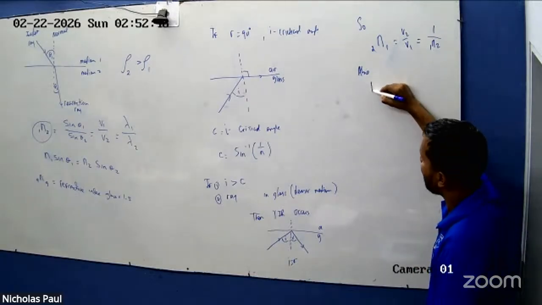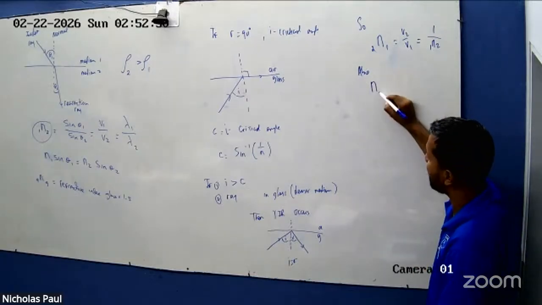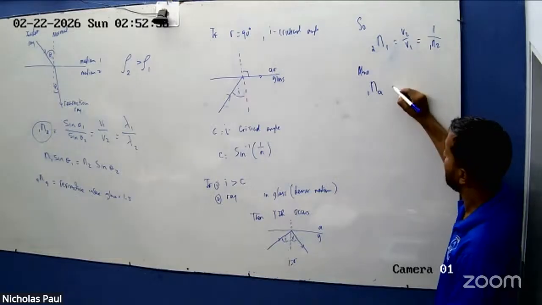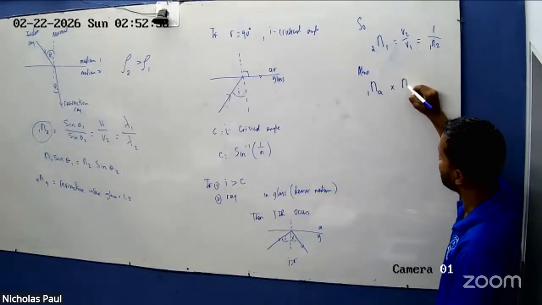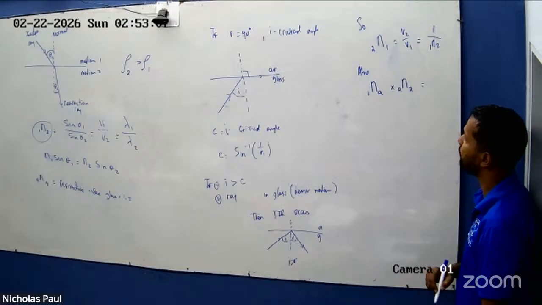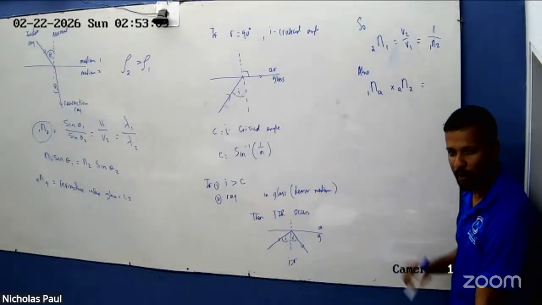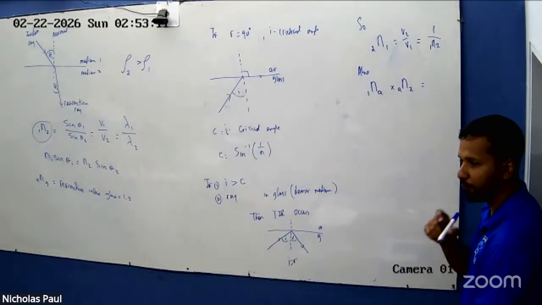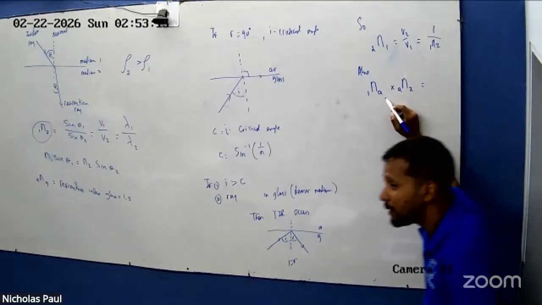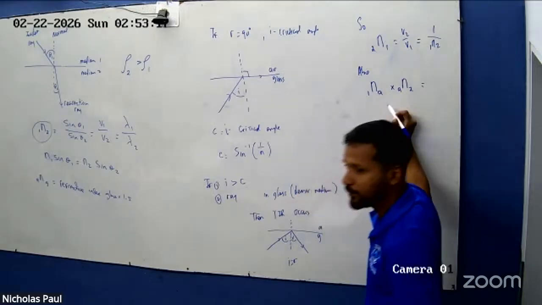If I said the refractive index of A with respect to medium 1, multiplied by the refractive index of medium 2 with respect to A, what would this be? 1 then 2, yes.